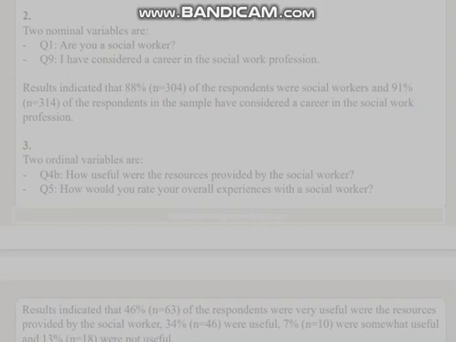Results indicated that 3%, N equals 4, of the respondents rated very bad as the overall experiences with a social worker, 4%, N equals 5, rated bad, 17%, N equals 22, rated average, 45%, N equals 58, rated good and 32%, N equals 41, rated very good.